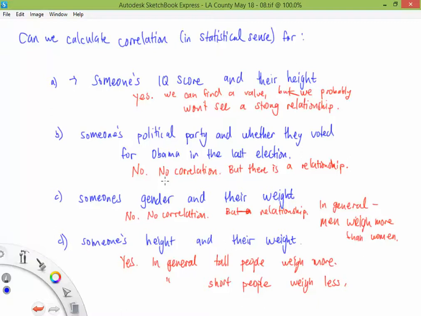Okay. So there is a number called r, the correlation coefficient. We just call it correlation, okay?